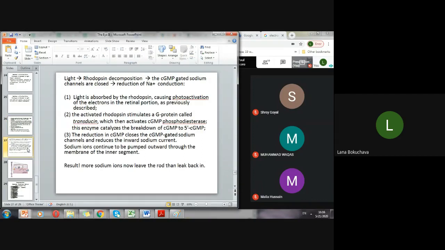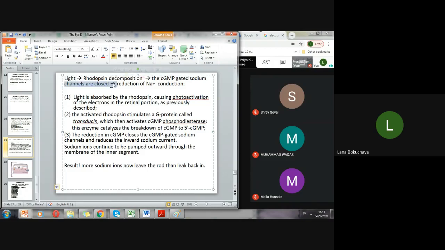So what should happen in this case? How can we activate the rod? Everything starts with the light. The light beam gives us, as we have already seen, the rhodopsin decomposition, and this decomposition leads to channel closure.